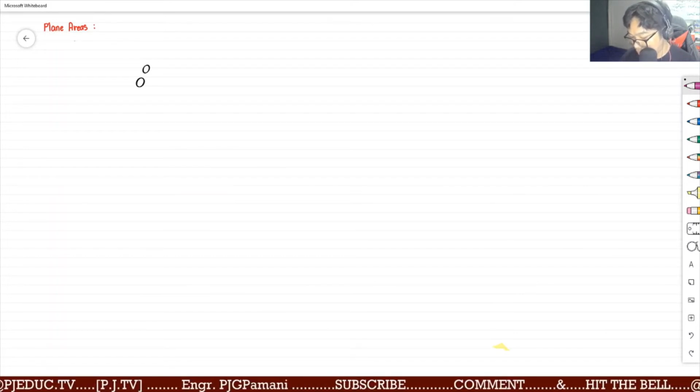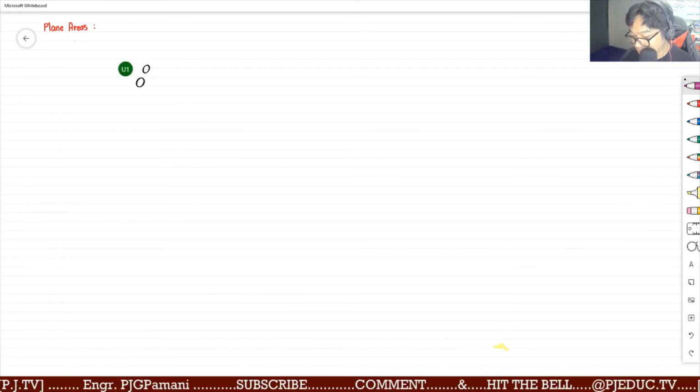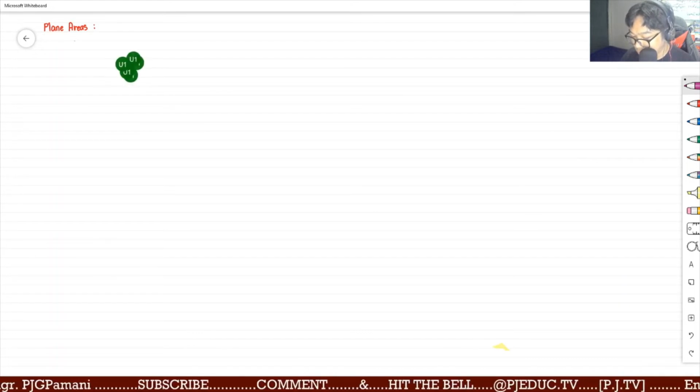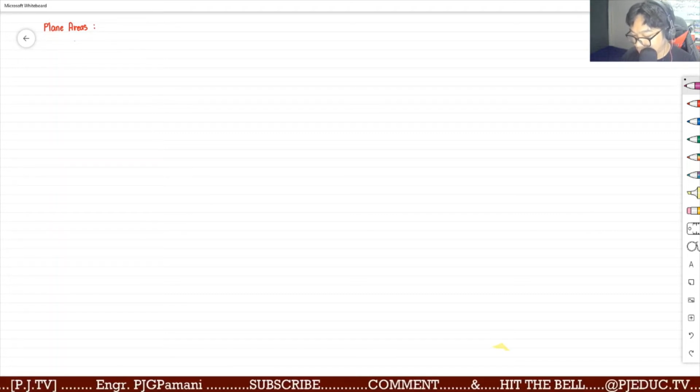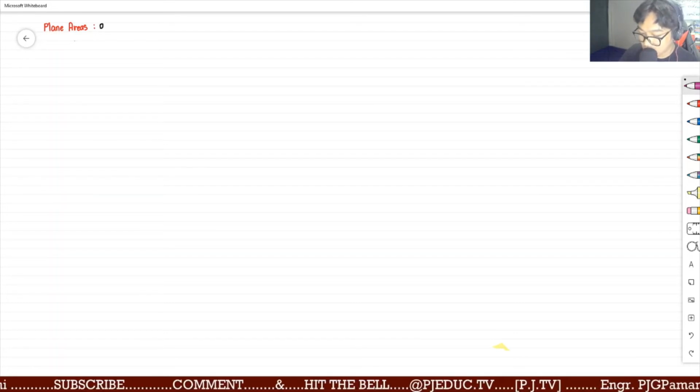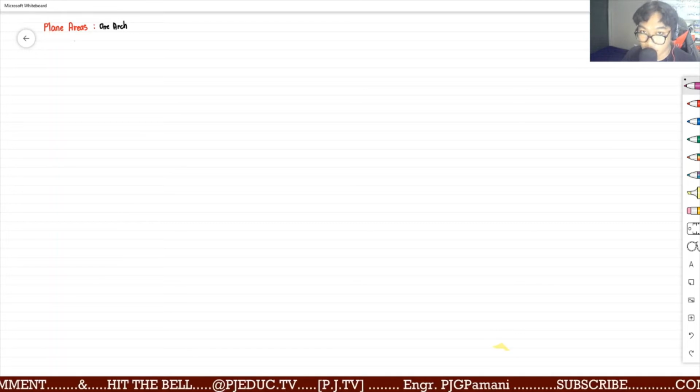and area under one arch. Area on one arc or arc.